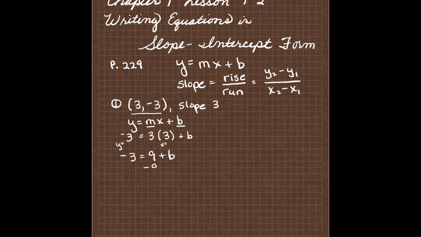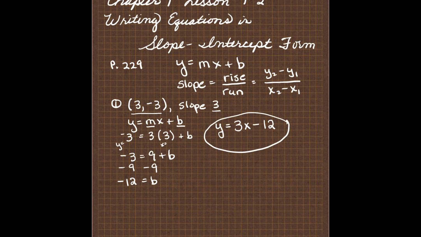We are going to subtract 9, and we get -12 equals b. So we can now write our equation with all the right things in it. Y equals, still going to use slope, 3x, and then we have to put in our b. Instead of putting plus a -12, I'm just going to write -12. And so that is the equation that I was asked to write.